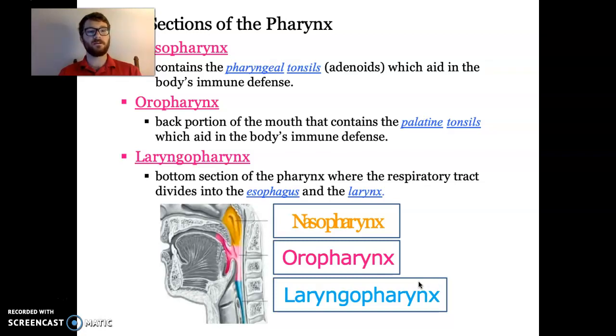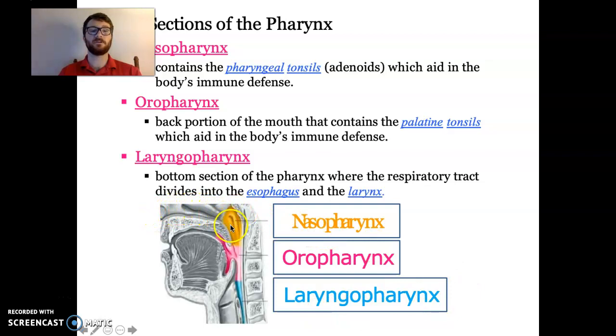The nasopharynx is where the nose meets the pharynx. It contains the pharyngeal tonsils, also known as the adenoids. These aid in the body's immunological defenses. You have the oropharynx, which you can see in this diagram here.